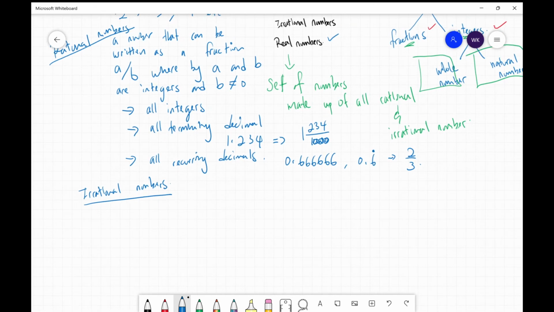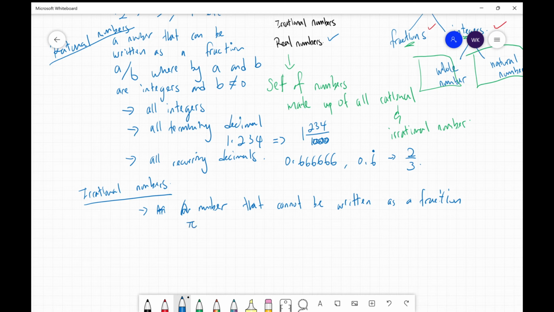So what is irrational number, right? And the definition is a number that cannot be written as a fraction. So, for example, pi.